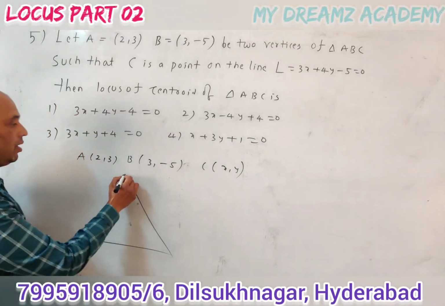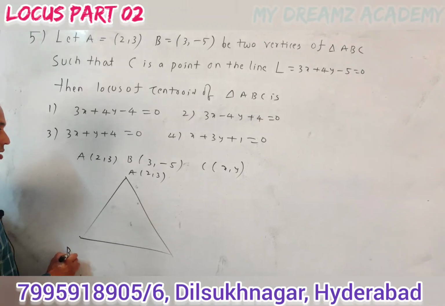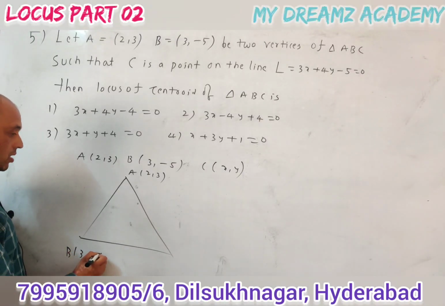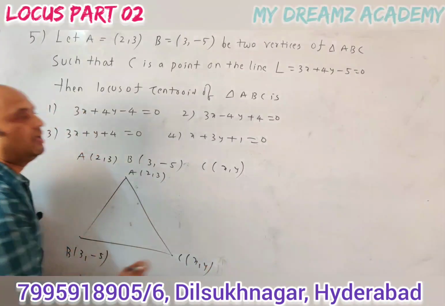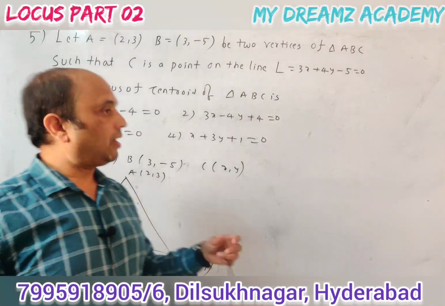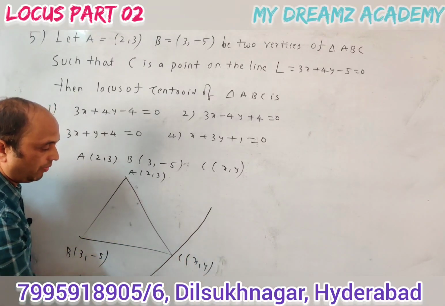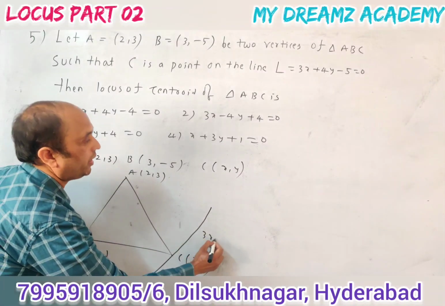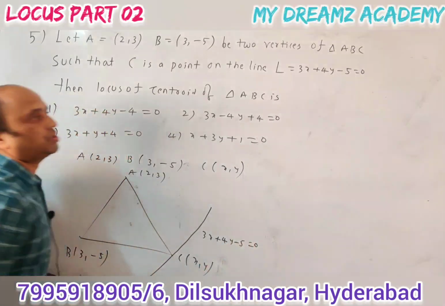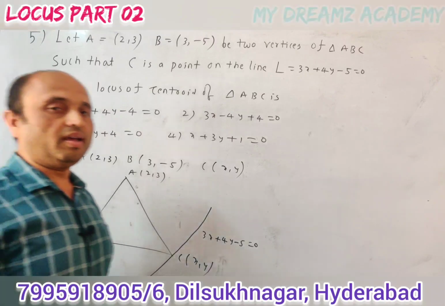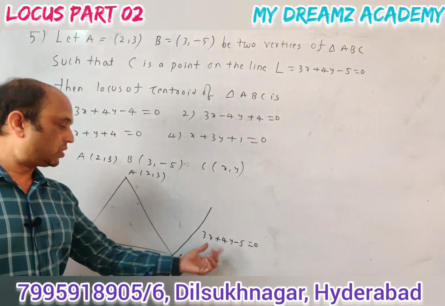Suppose our diagram is like this: A is 2 comma 3, B is 3 comma minus 5 and C is x comma y, and it is already given that C lies on 3x plus 4y minus 5 equal to 0. The third point lies on this line.